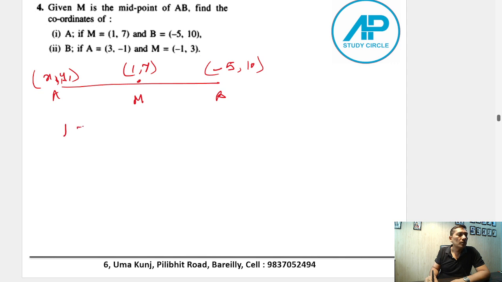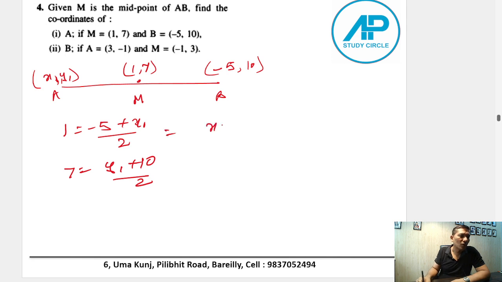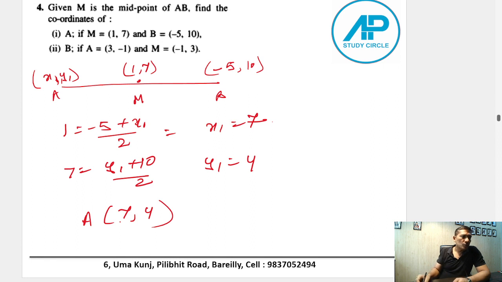So you got 1 equals minus 5 plus x1 upon 2 and 7 equals y1 plus 10 upon 2. I hope by now you're solving questions simply on your own, and y1 equals 4. So coordinates of A is 7, 4. So part 2 is the same as this. I'm not solving for you. You must solve this question on your own.